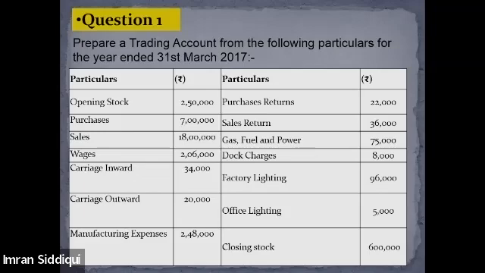Yes, I've written it. You have written it. So let me tell you what are the items that will be there on the debit side. Firstly, opening stock, then purchases, then wages, carriage inward, gas, fuel and power, dock charges, factory lighting, manufacturing expense.